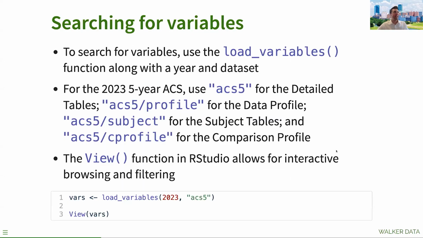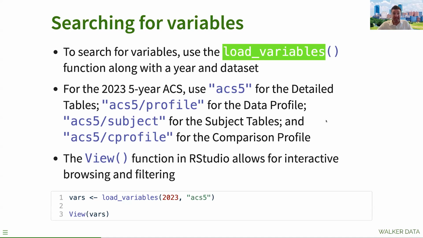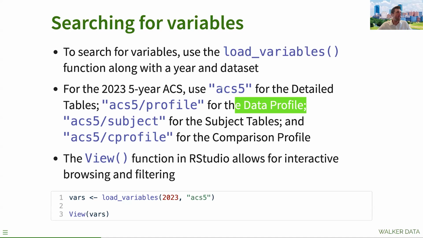A common question then that follows is, okay, that variable code you use for income, how do I find that out? The function load_variables in tidycensus is designed to help you with that. And so you can grab from all sorts of different data sets. We're going to be pulling primarily from the data profile today and the detailed tables.